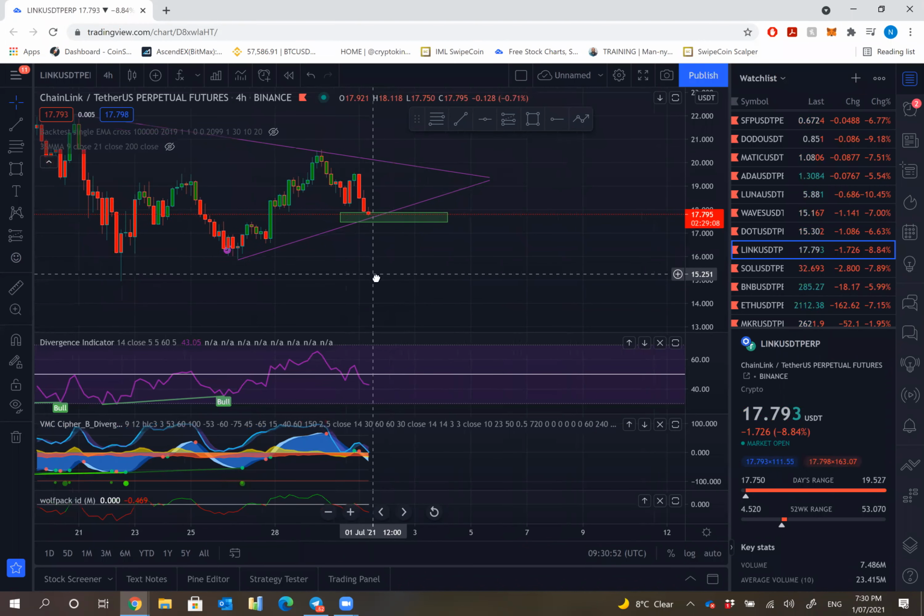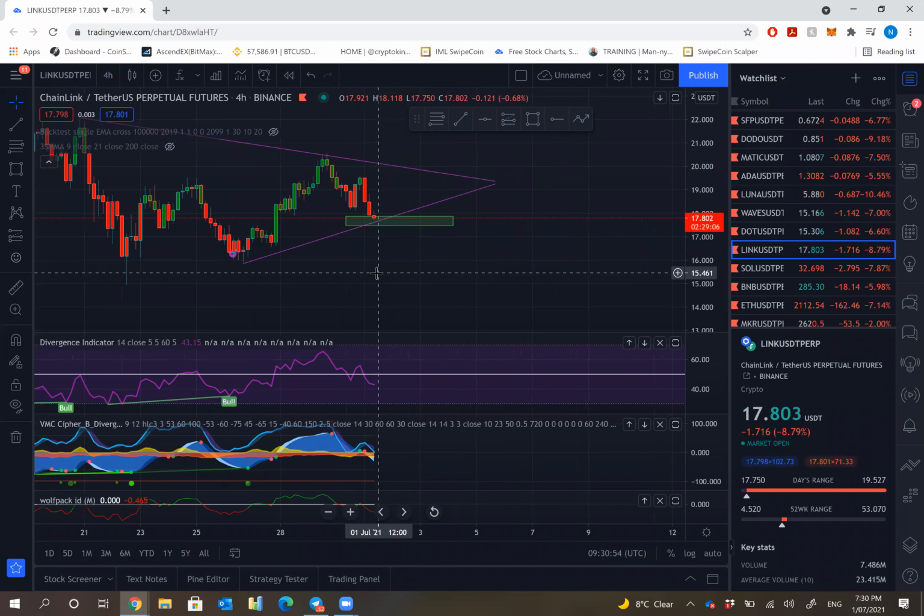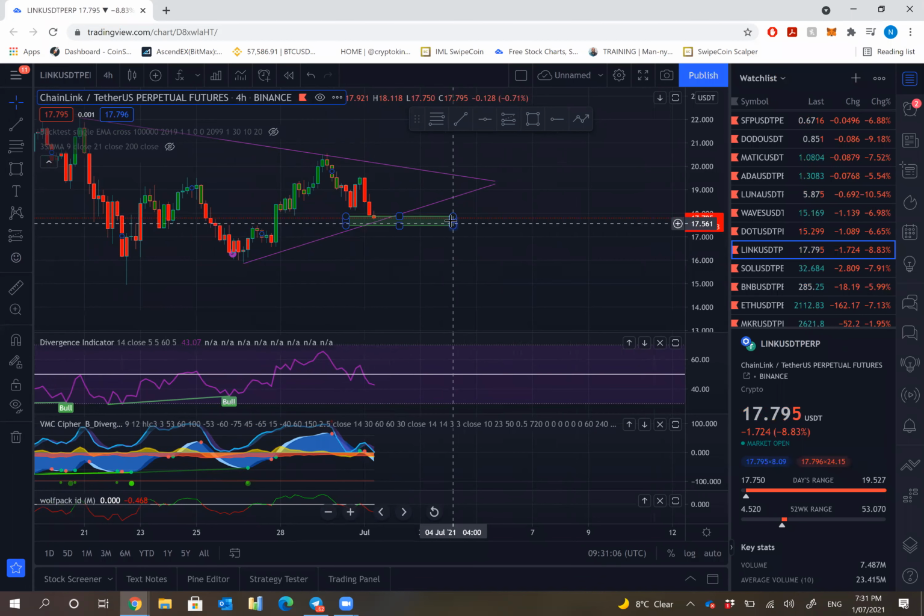Mike just asked, is the width of that zone the space between 0.5 and 0.618? Yes, I mark it between 0.5 and 0.618 as my entry zone because it's anywhere in between. Like I said before, guys, your entry zones are not a specific price, but an area of interest.